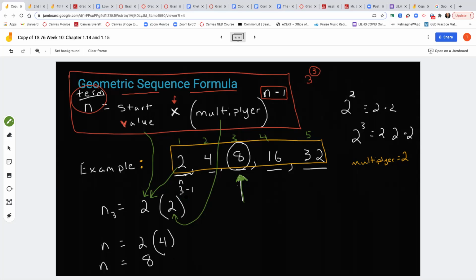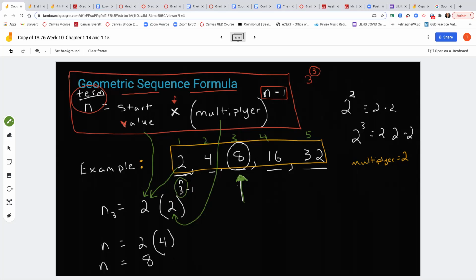All right, so I'm going to walk this through. What is 3 minus 2? I'm sorry, 3 minus 1. 3 minus 1 is 2. So this is now 2 squared. Again, look at this 3, the n here. The n is 3.